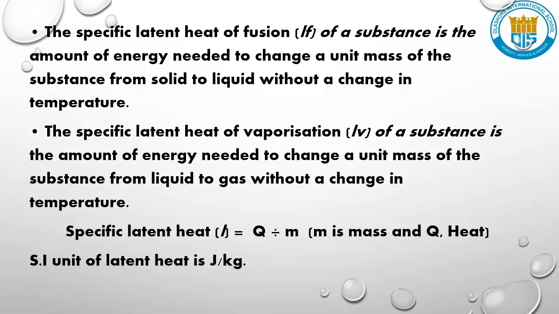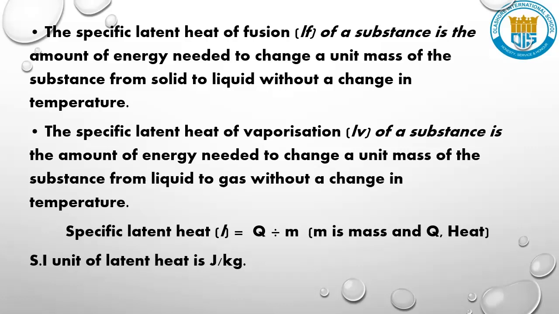So specific latent heat of fusion is the amount of energy needed to change a unit mass of a substance from solid to liquid without a change in temperature. The specific latent heat of vaporization is the amount of energy needed to change a unit mass of a substance from liquid to gas. It could as well be from gas to liquid, without a change in temperature.